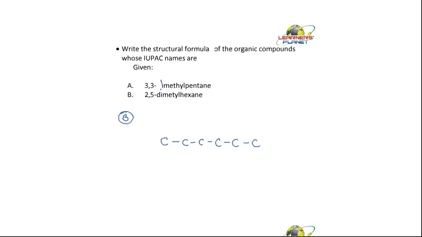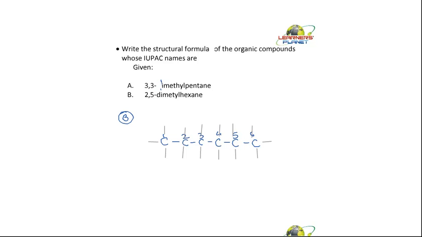Now let's start counting: 1, 2, 3, 4, 5 and 6. Now let's draw the bonds here so that we can put up the atoms or the molecules. So these are your bonds. Then we will put up the atoms here.